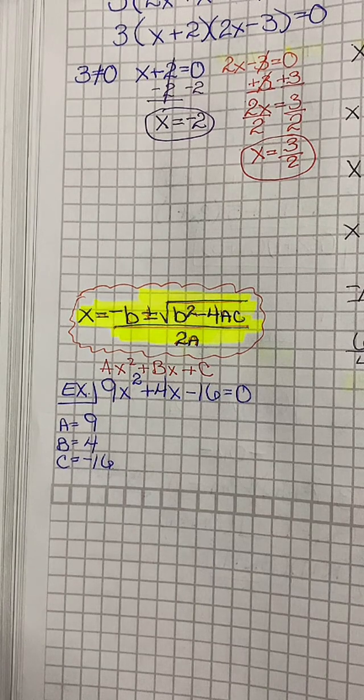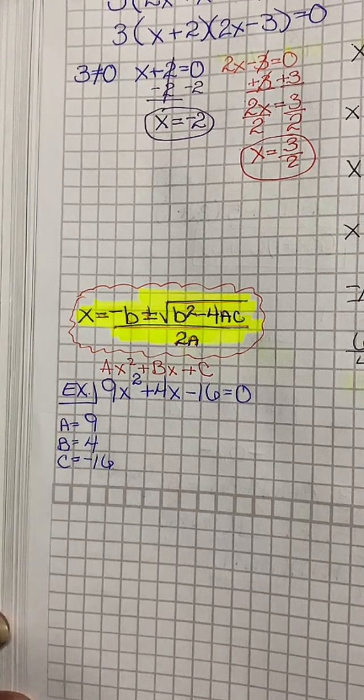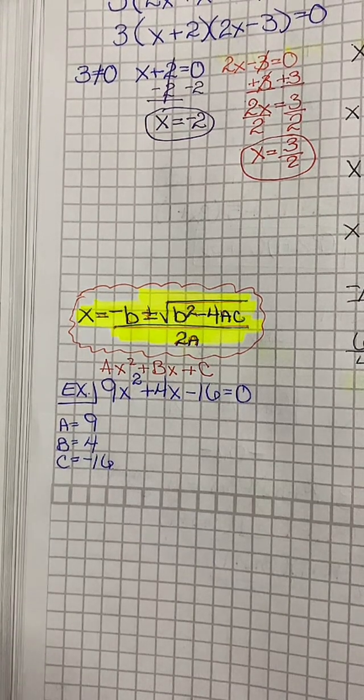The quadratic will always work, and the reason why I say that is what happens underneath the square root. I'm not going to do a whole lot with it, but I am going to tell you a little bit.